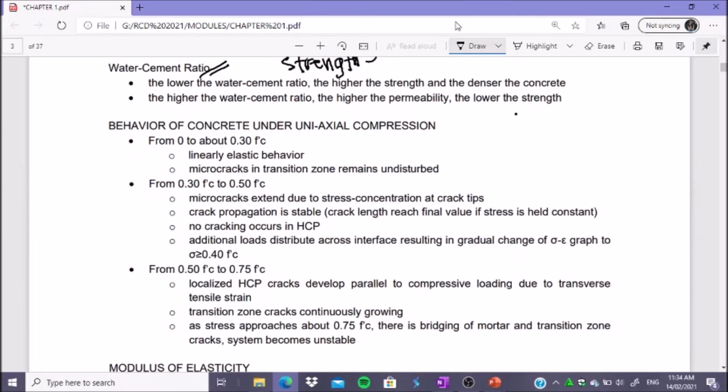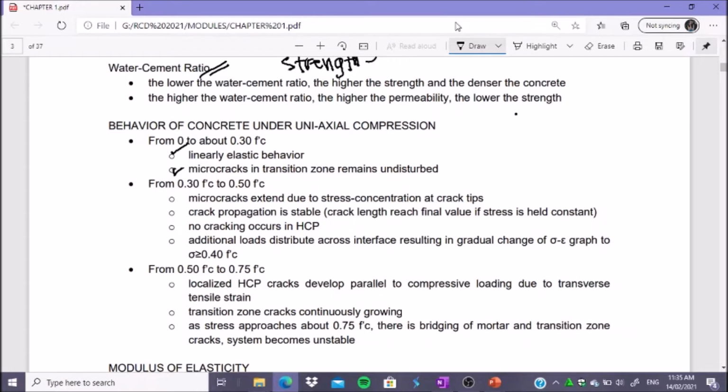So I will just discuss the behavior of concrete under uniaxial compression. When concrete is subjected to compression, from about 0 to 0.30 of f'c, the behavior of concrete is linearly elastic, and there will be micro cracks in the transition zone which are undisturbed.